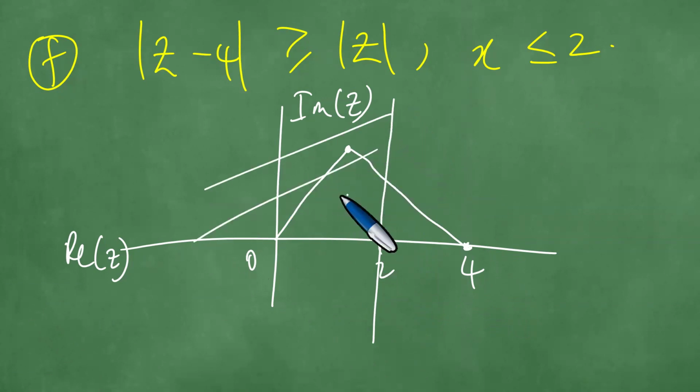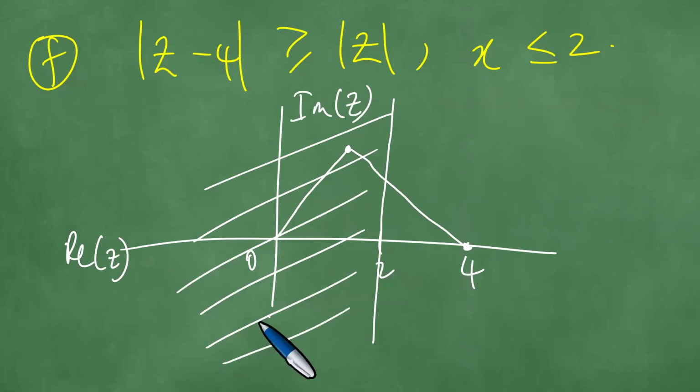We are looking at this region to the left. The modulus of z minus 4, 2. Is this one here? Good. This is Y and this is X.